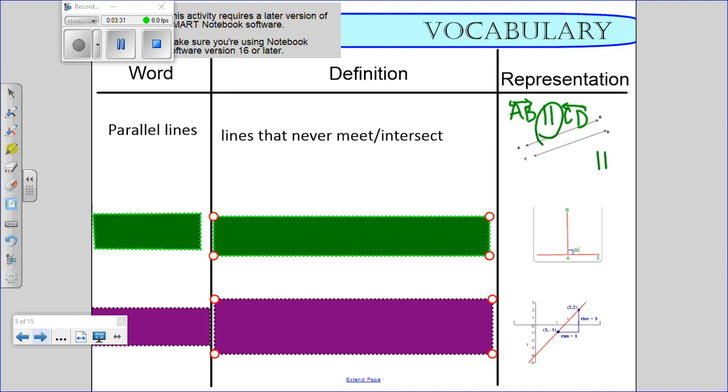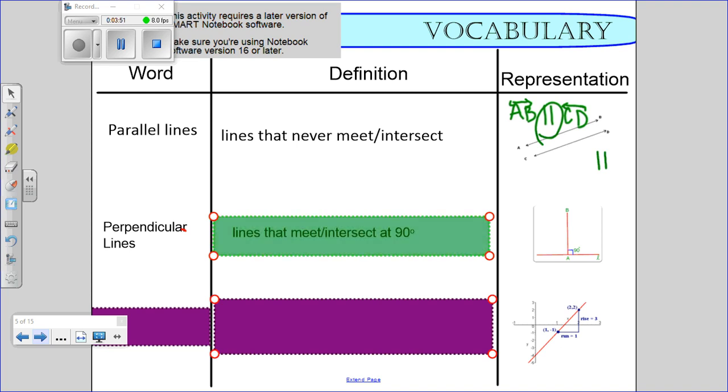This second word that we're looking at is perpendicular lines. This is a set of perpendicular lines. This is line L and line BA is perpendicular to line L. Our perpendicular lines, if we remember, are lines that meet or intersect at 90 degrees. It has to be 90 degrees.